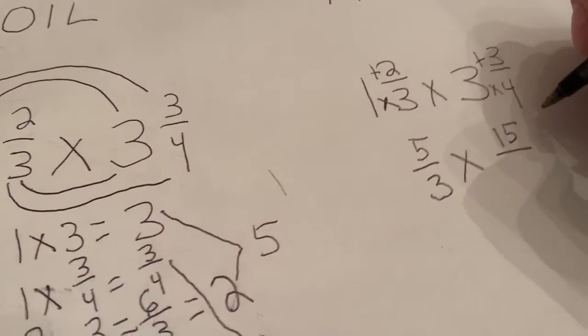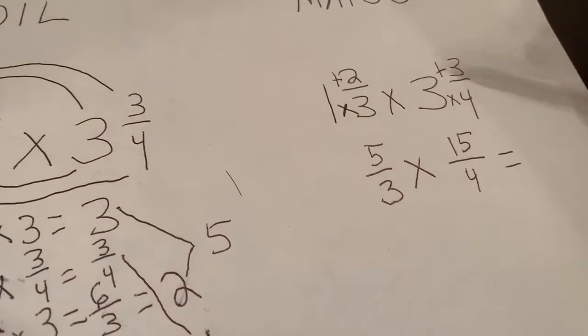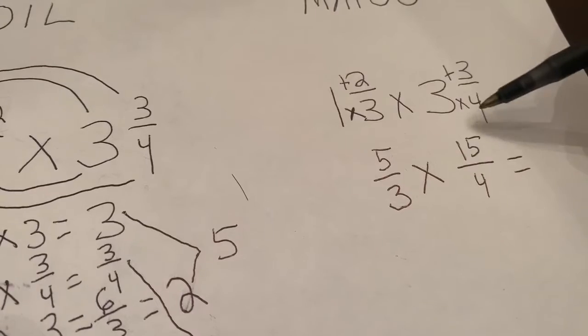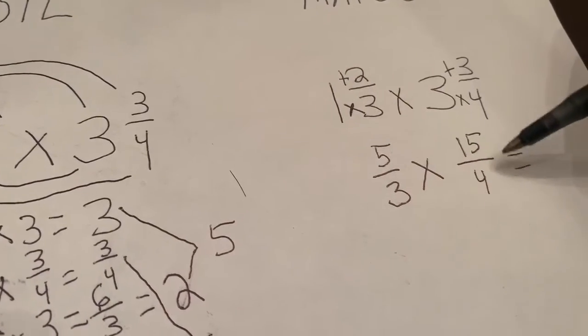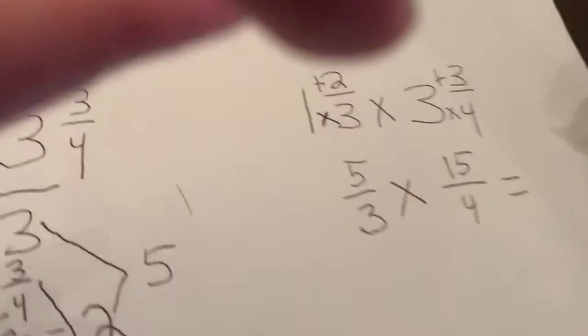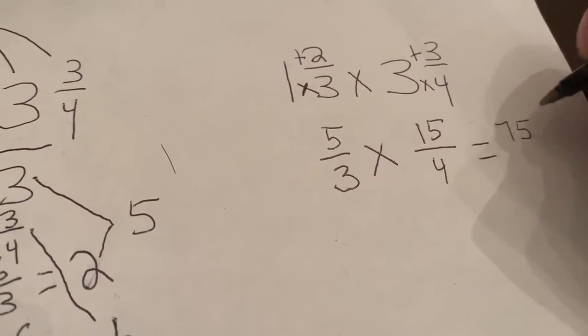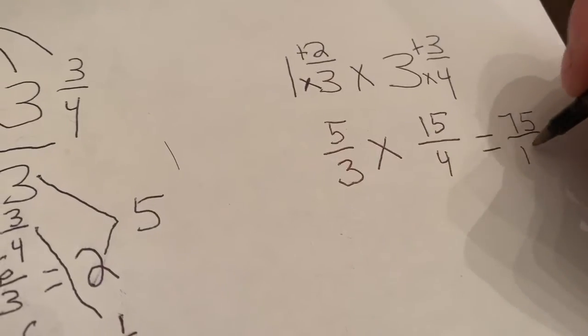That's where you put over the original denominator. See, I had 3 groups of 4/4, so 12/4, plus another 3/4 was a 15/4. 5 times 15 is 75. 3 times 4 is 12.